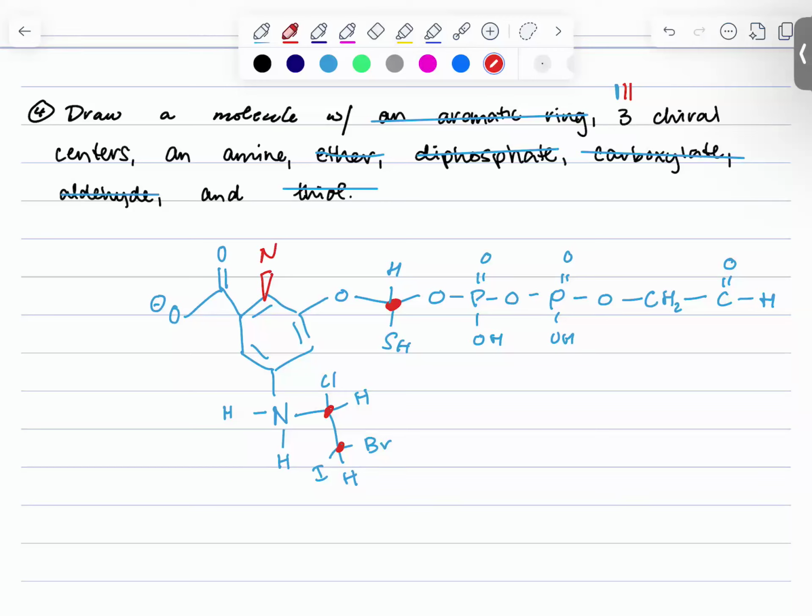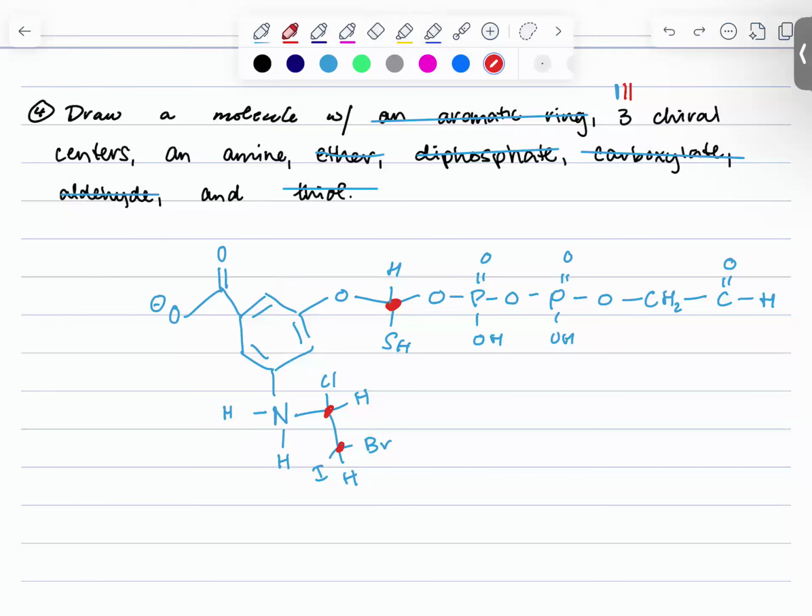No, because that only has 3 substituents. Then yes. But you need an aromatic ring, so you would need to have another ring, yes.